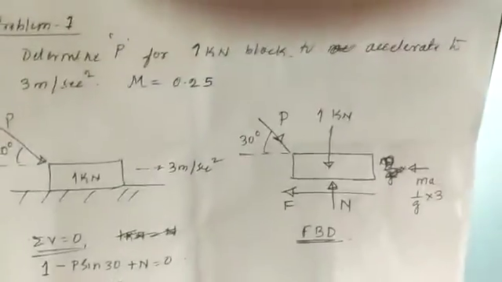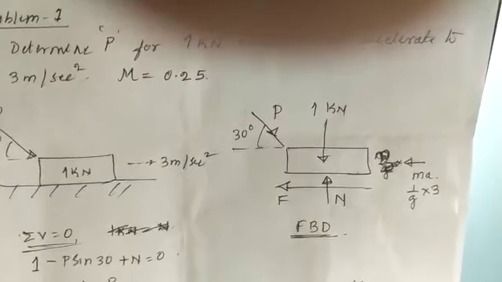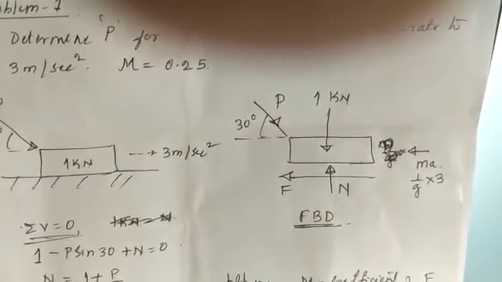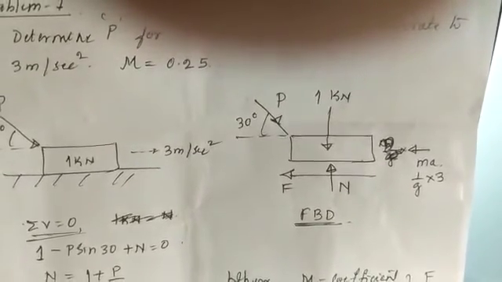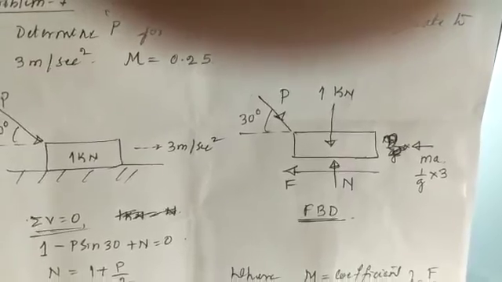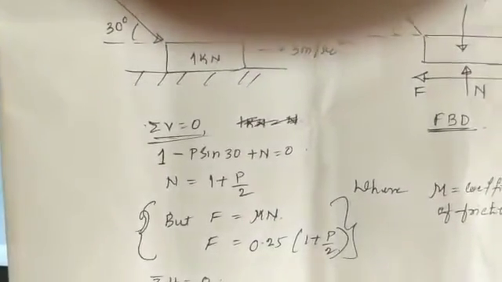And the force P is acting at an angle of 30 degrees. Its vertical component acts in the downward direction, so that is also taken as minus.